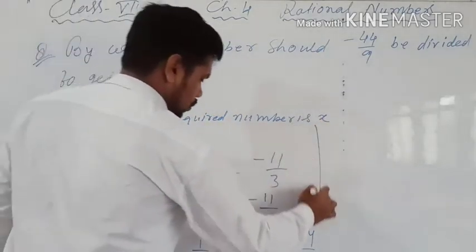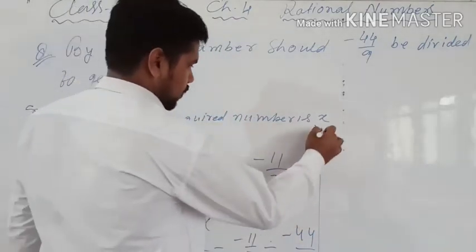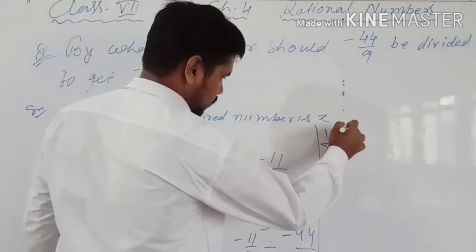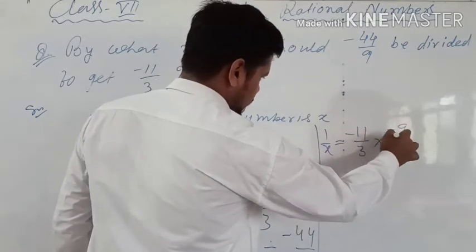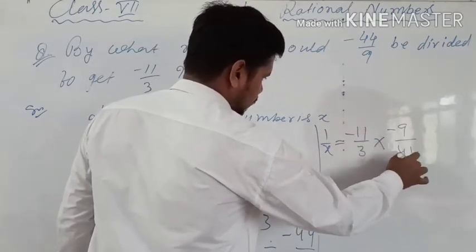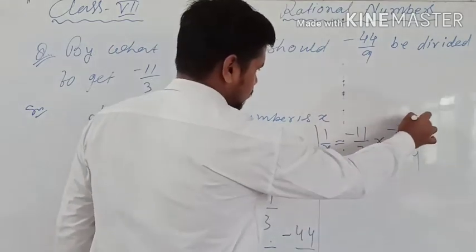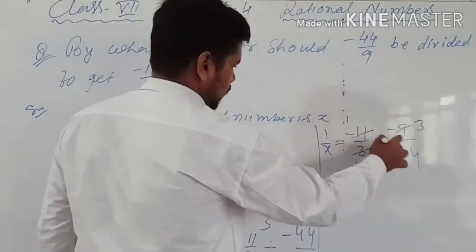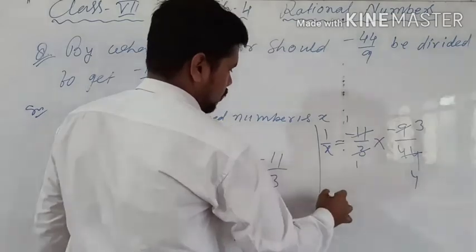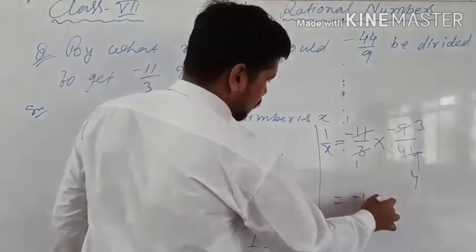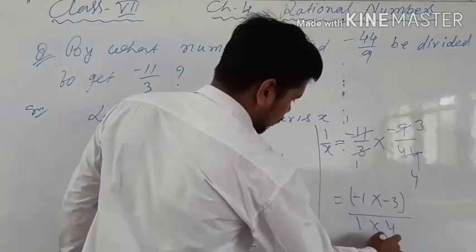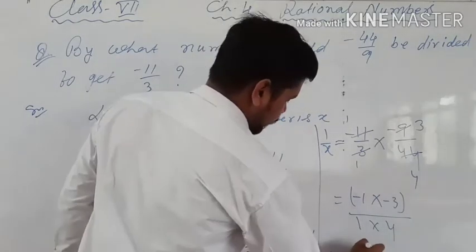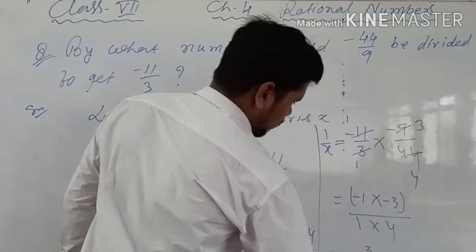Now taking the reciprocal, 1 by x is equal to minus 11 by 3 multiply minus 9 by 44. So 3 1s are 3, 3 3s are 9, 11 1s are 11, 11 4s are 44. So it will be minus 1 multiply minus 3 divided by 1 multiply 4, so it will be 3 divided by 4.